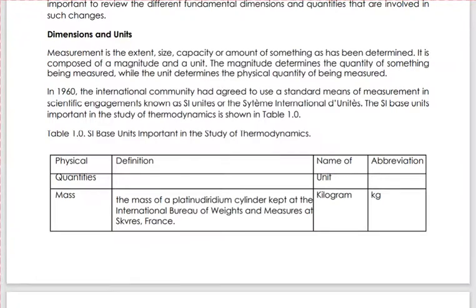For example, one arm span, one foot, or so many steps. Those were their types of measurements, like the cubit before.